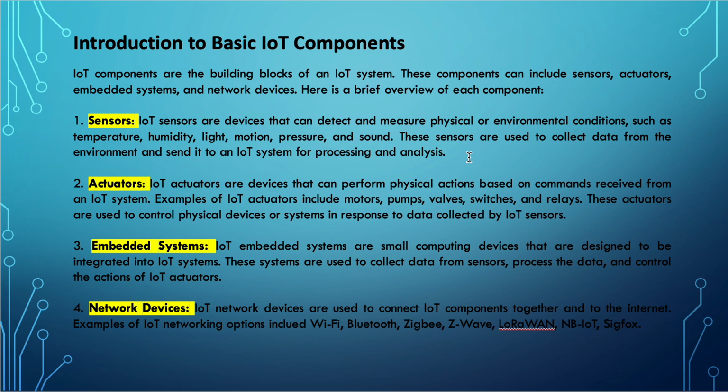They collect that data and send it to an IoT system for processing and analyzing, right? So we know that sensors are a main component of an IoT device. An IoT device, or a thing in the Internet of Things, contains sensors to detect and measure physical and environmental conditions. They will collect that data and give it to processing or analyzing. By processing and analyzing, we can take an outcome.